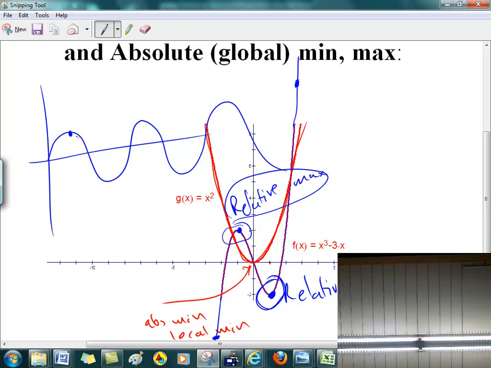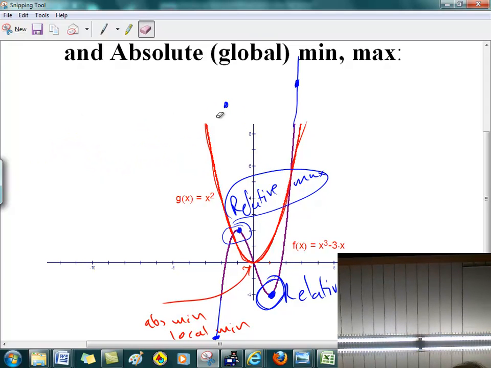So in this case, the relative is the global, just as it is in the red one. See how in the red one, this is the relative and the global minimum. There is no y value lower than that. So in some instances, the relative will be the absolute as well, or the global. Absolute and global are the same thing. They are synonyms. Is everybody okay on this?